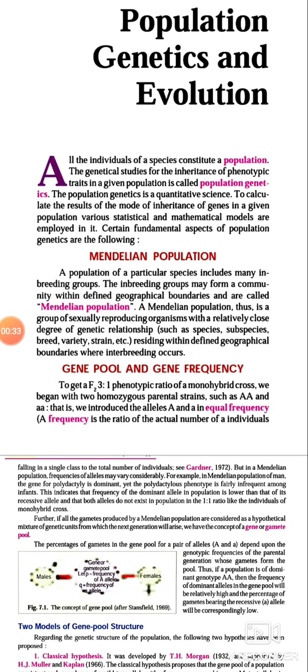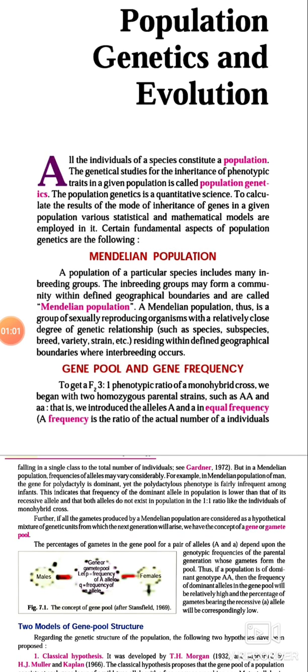Population genetics is a quantitative science to calculate the results of the mode of inheritance of genes in a given population. Various statistical and mathematical models are employed in it. Certain fundamental aspects of population genetics are the following.